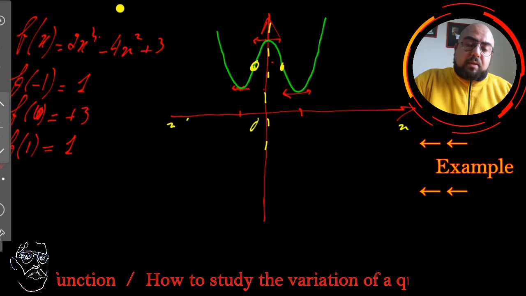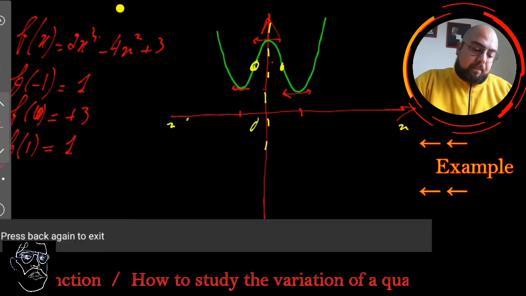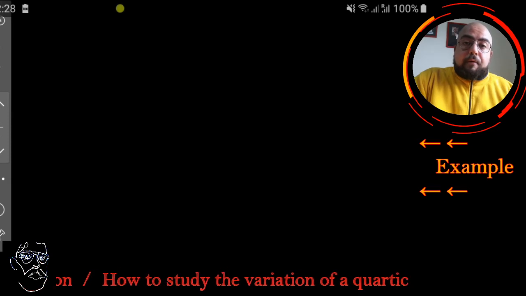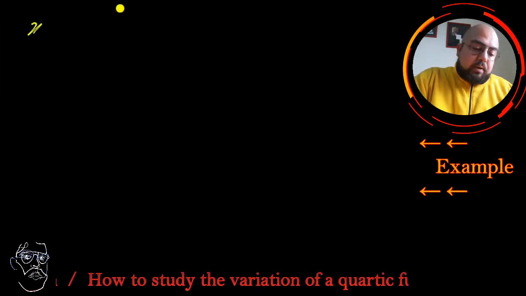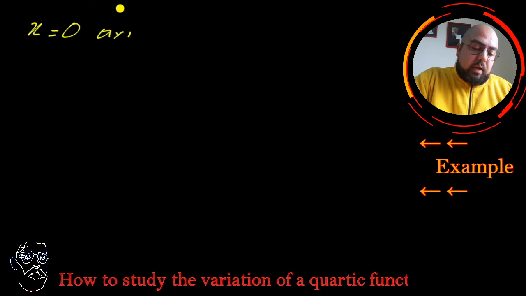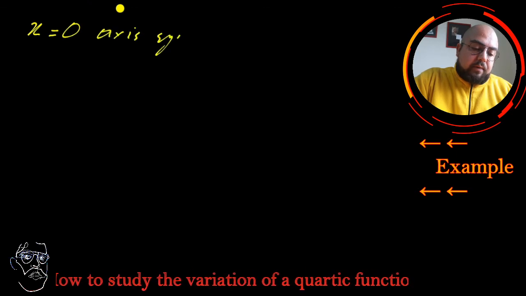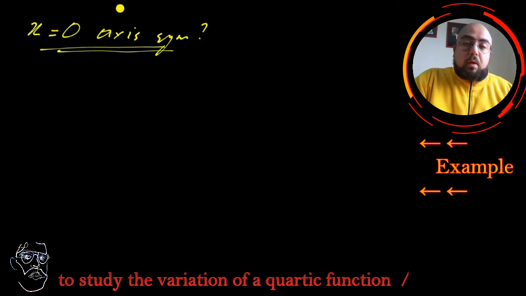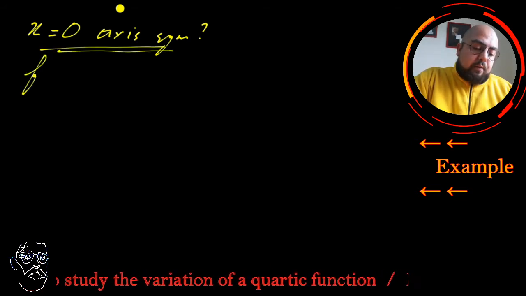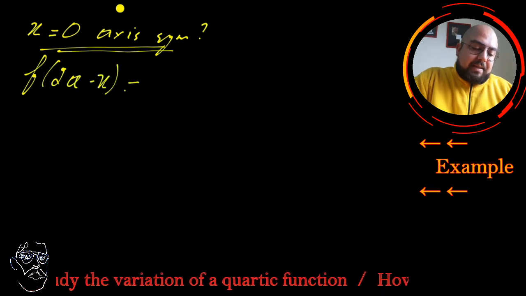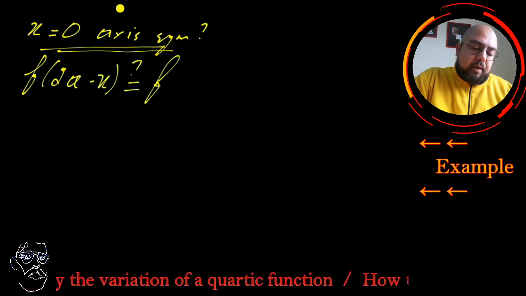As for the axis of symmetry, if I'm gonna verify x is equal to 0, is it the axis of symmetry? You can simply use this formula: f of 2a minus x, is it equal to f of x?